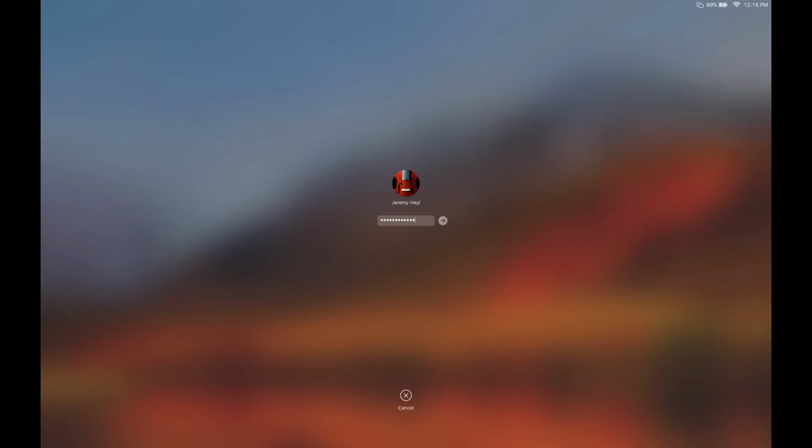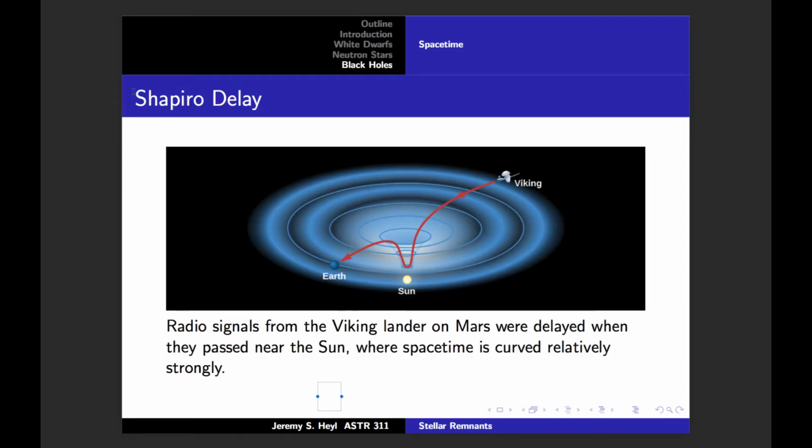So the idea that space and time are curved and things take just the shortest paths, you can see how that causes things to appear like there's gravity. Now, for example, if I were to sit on the equator of this ball, right near the equator, there is no gravity one way or another.